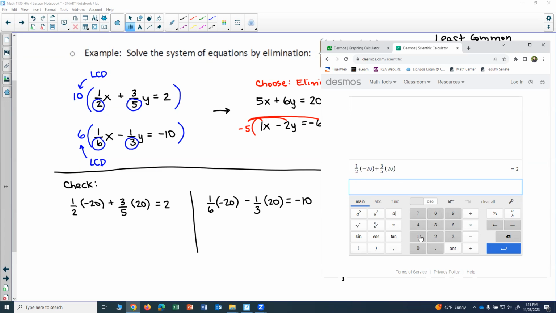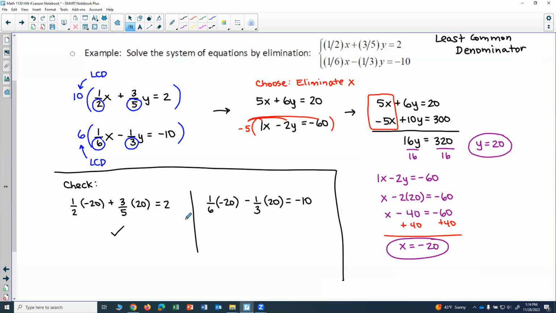I'll do the same thing with the second equation: 1 divided by 6 times negative 20, minus 1 divided by 3 times 20, that equals negative 10. So you've checked your answer in the original set of equations. If both of those check out, then you know that you got the correct solution. x equals negative 20, y equals positive 20.